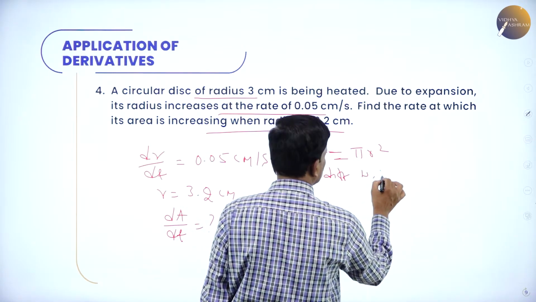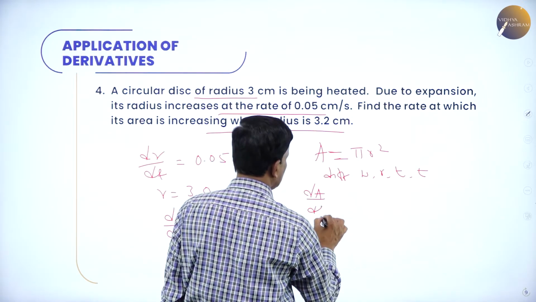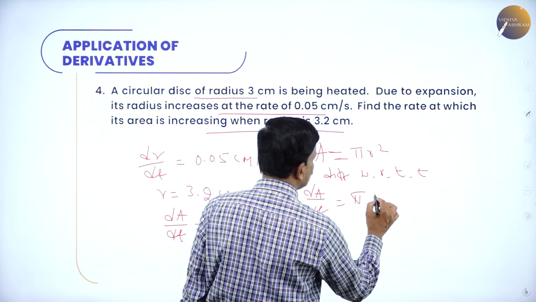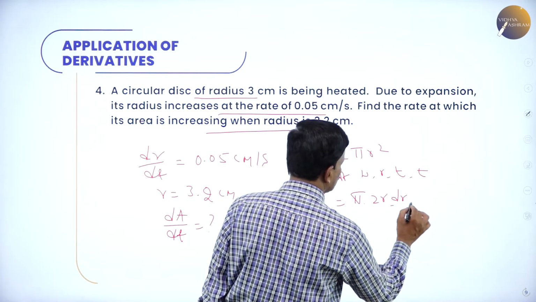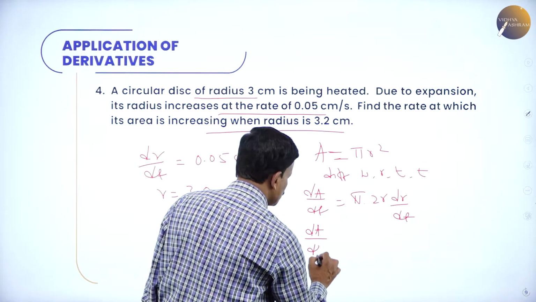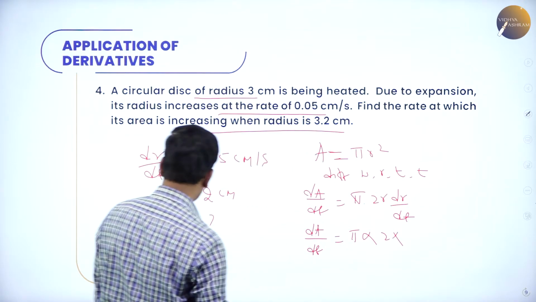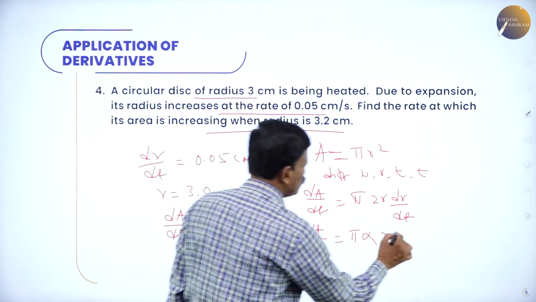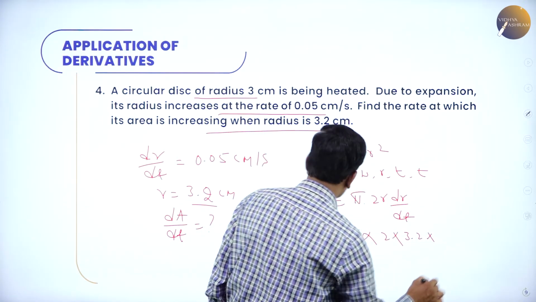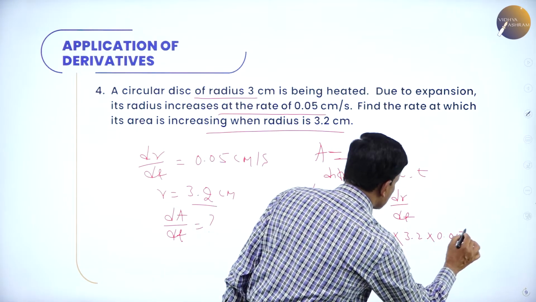Differentiating with respect to t, if you differentiate with respect to t, what you will get? dA by dt is equal to pi into the differentiation of r square, which is 2r into dr by dt. Substitute the values. dA by dt is equal to pi into 2 into, what is r? r is equal to 3.2, into dr by dt. dr by dt is equal to 0.05.